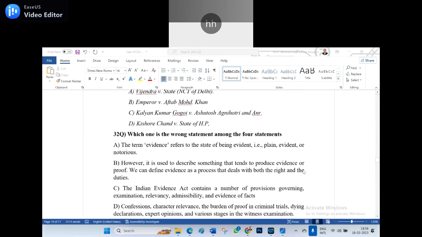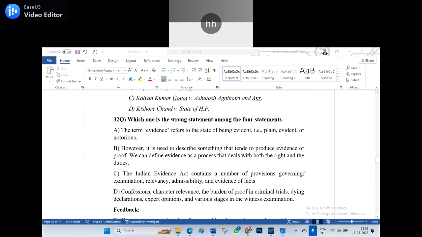Now, 32nd question. Which one of the following 4 statements is wrong? A. The term evidence refers to the state of being evident, that is plain, evident, or notorious. B. However, it is used to describe something that tends to produce the evidence or proof. We can define evidence as a process that deals with both the rights and the duties.